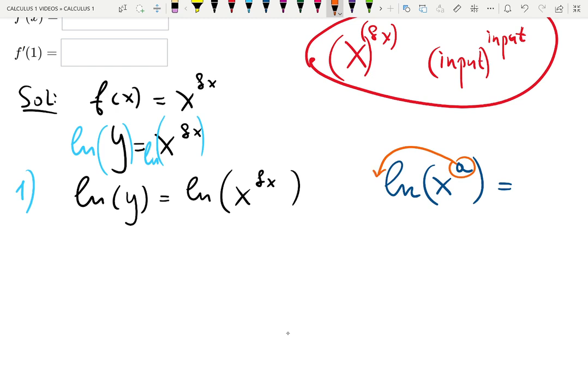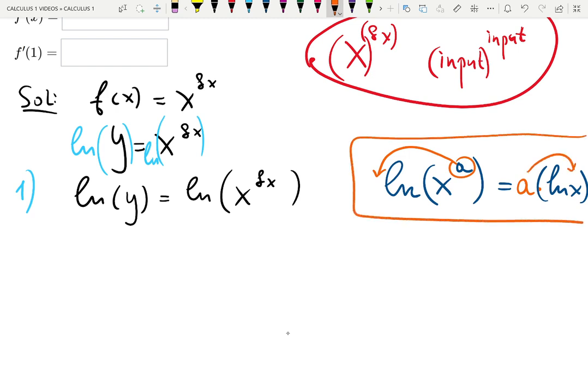By going down, I mean it can be multiplied by the whole function ln x, and it can also go back up if needed. So we are going to use this property of log. It's called laws of logs, logarithm functions. Thus, this 8x is going to be multiplied by the natural log.